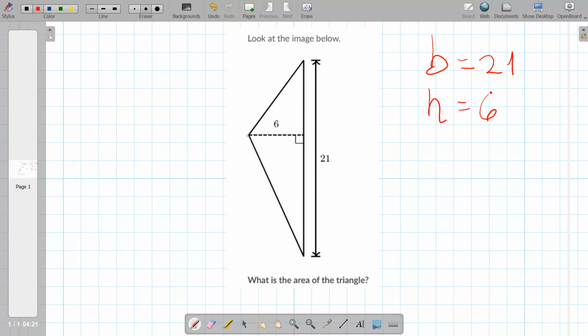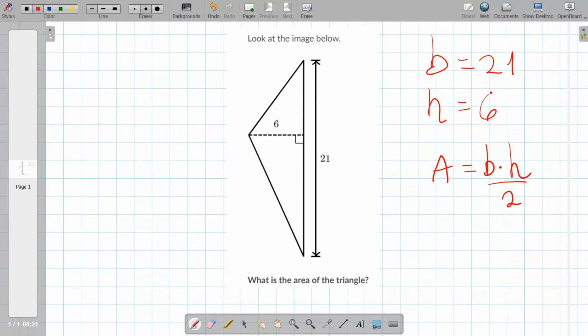Okay, you see that the line that goes perpendicular to the base of the triangle is 6 in its length and the base is 21. And again, the area is base times height divided by 2.